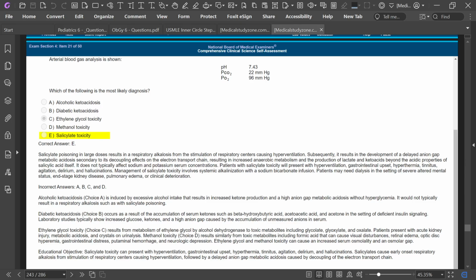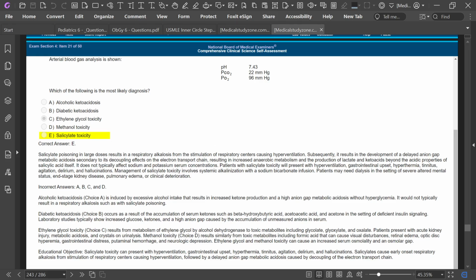So salicylate poisoning in large doses results in respiratory alkalosis from the stimulation of the respiratory center causing hyperventilation, and subsequently it results in development of delayed anion gap.